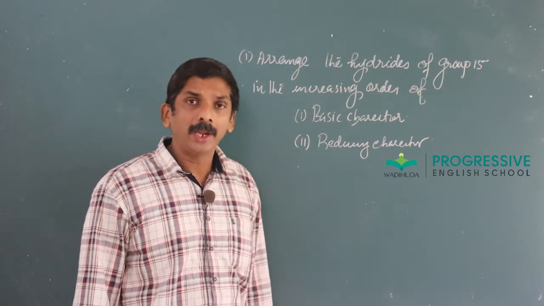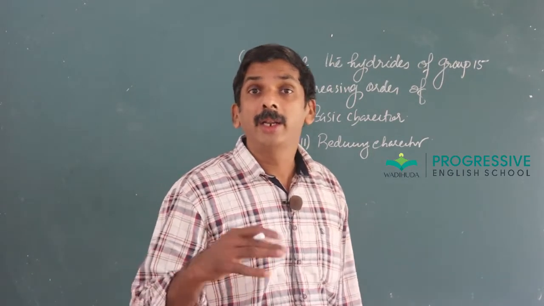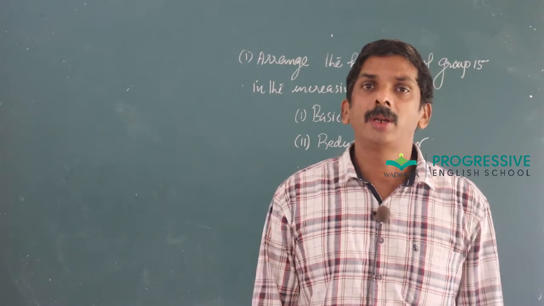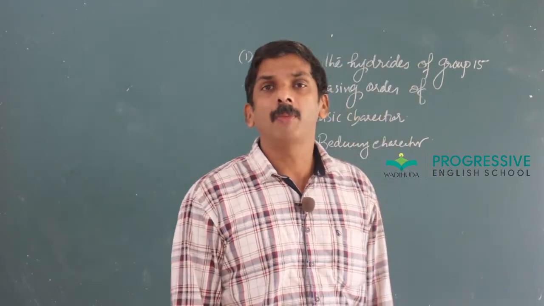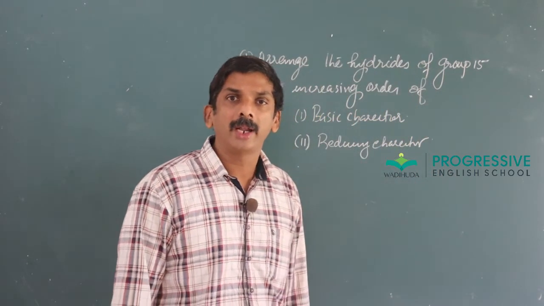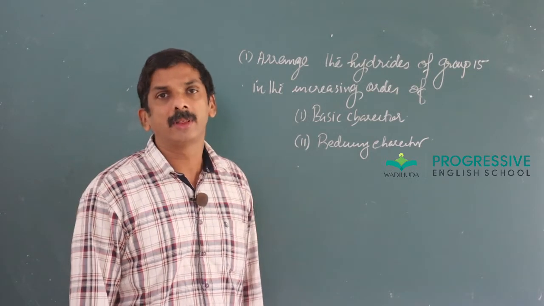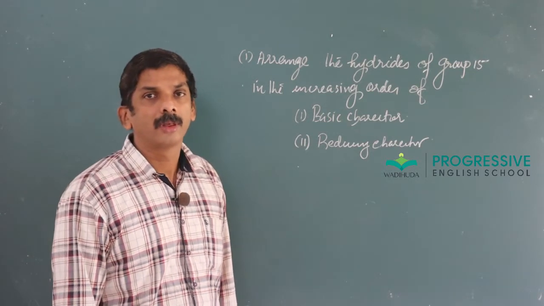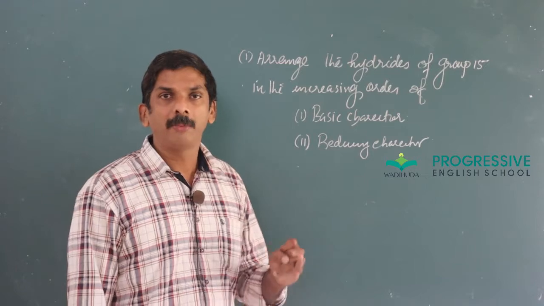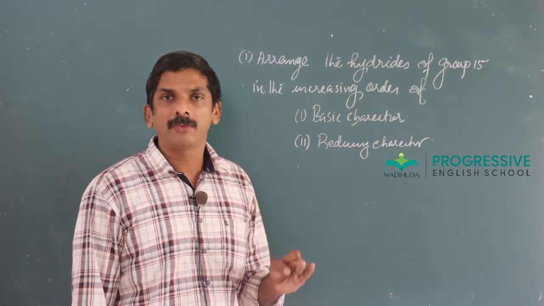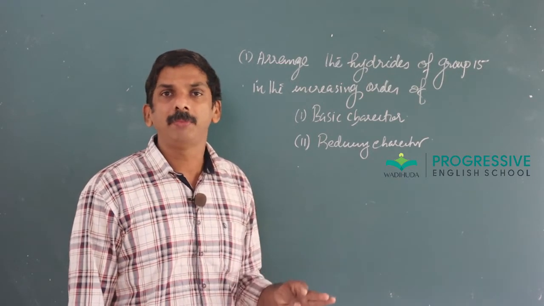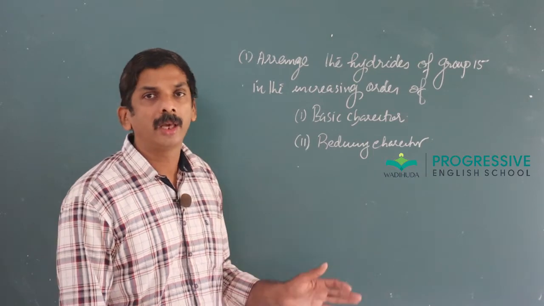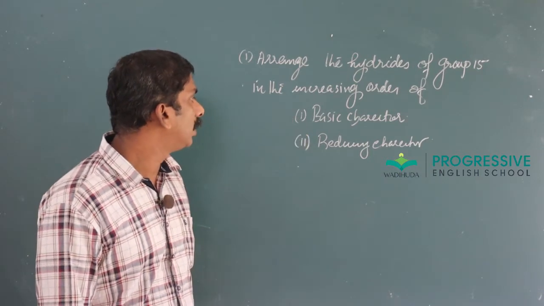First of all, you have an idea about the hydrides of 15th group. I already told that group 15 elements combine with hydrogen to form hydrides which are isostructural with ammonia. That is NH3, PH3: ammonia, phosphine, arsine, stibine, bismuthane are the hydrides of 15th group.